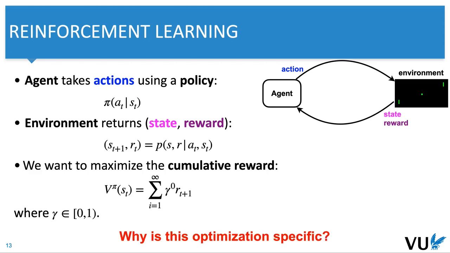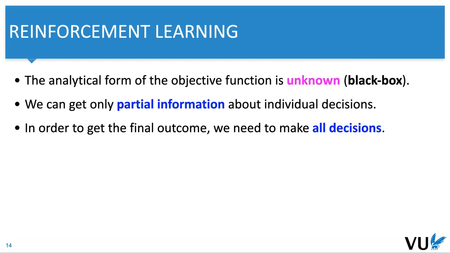And why is this optimization so weird and specific? The analytical form of the objective function is rather unknown. It is a black box, and we only have this partial information about individual decisions. And in order to get the final outcome, we need to make all decisions.